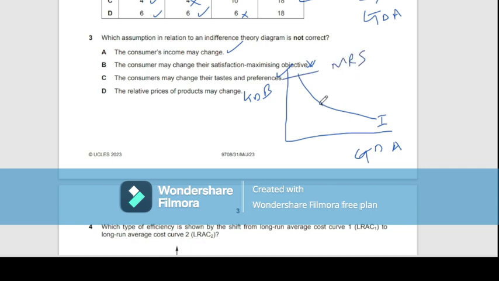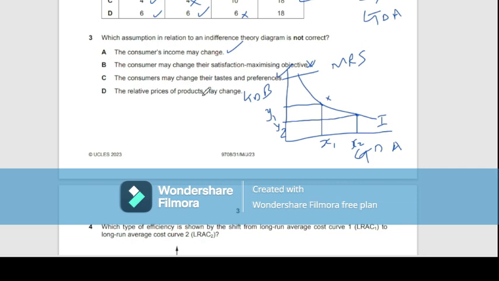So for instance, if the consumer was operating at point X, whereby the consumer was consuming this combination of the goods, let's say X1 of good A and Y1 of good B. Now, the consumer can prefer good A to good B, meaning he or she can move along the indifference curve and consume extra units of good A as he or she sacrifices some units of good B. So that is the change in taste and preference.